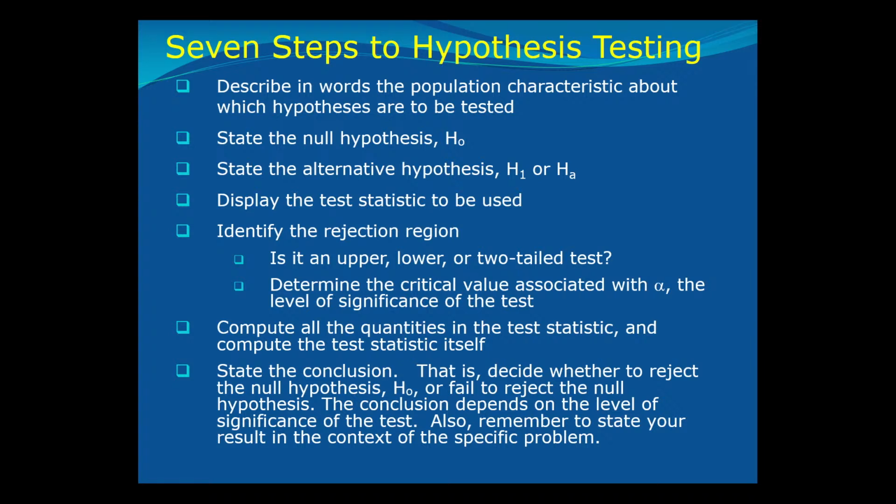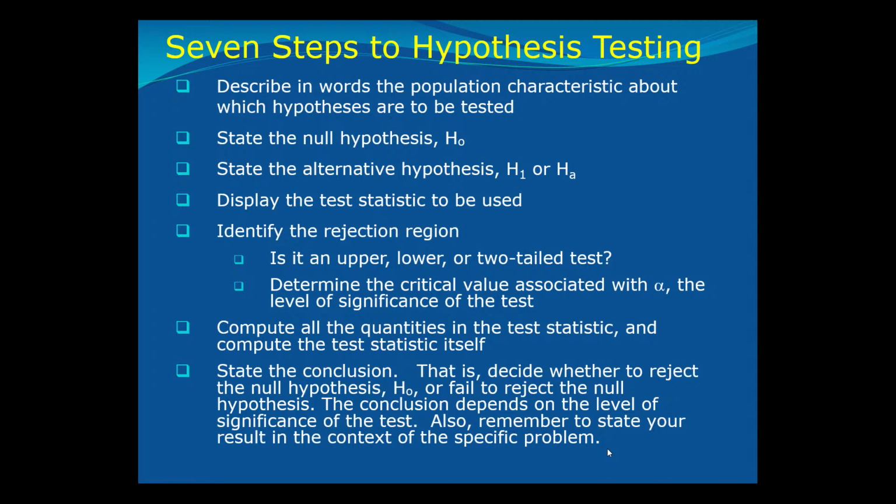The conclusion depends on the level of significance of the test. Also, remember to state your result in the context of the specific problem. It is very important to state our result in the context of the specific problem.